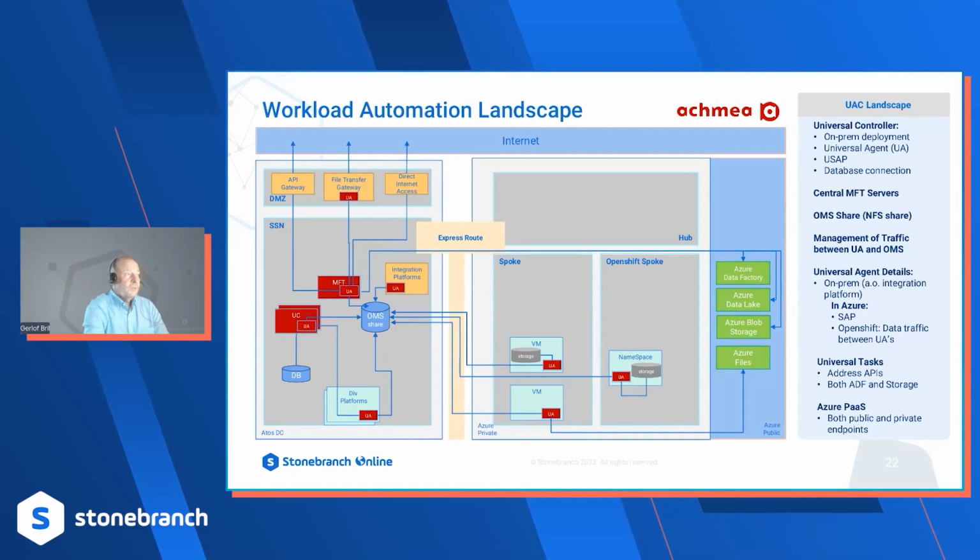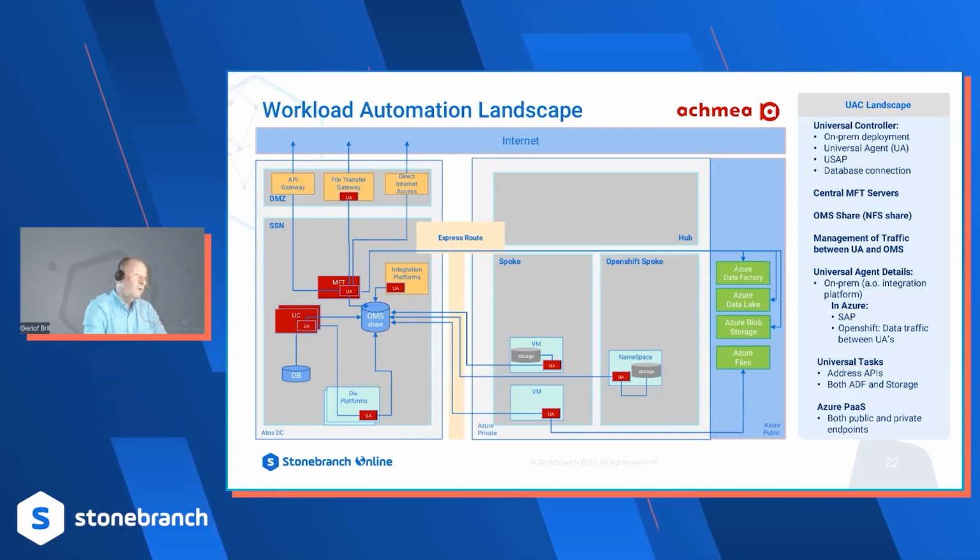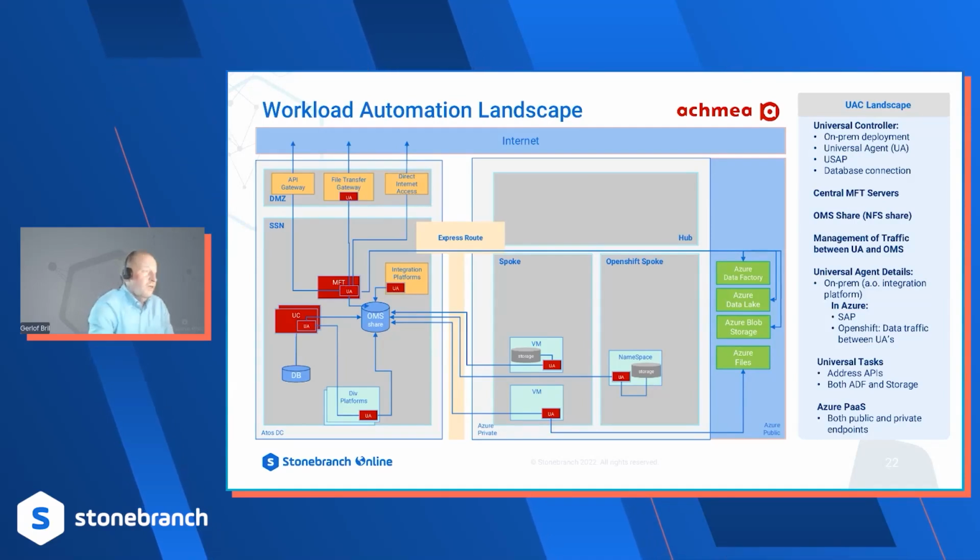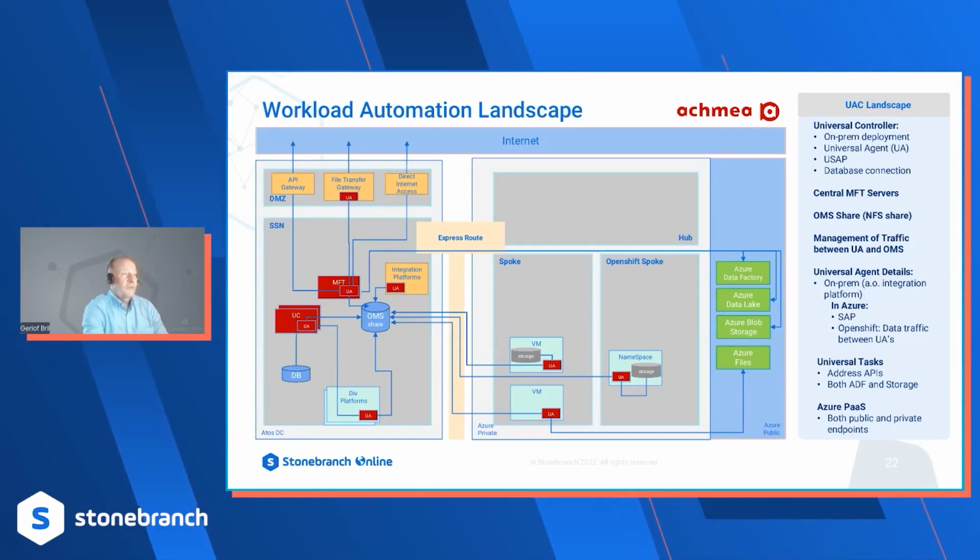On the Azure part, we have agents on VMs with or without local storage. And we have agents in namespaces in OpenShift. In our containerized world, we use OpenShift as our Kubernetes environment. We now have agents deployed in OpenShift as sidecar containers.